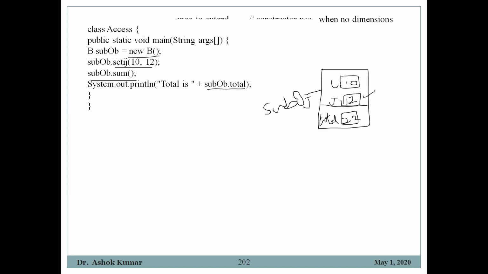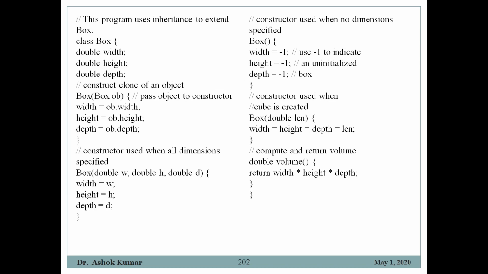Let me show you another example where we have added some more functionality to the superclass. So this time our superclass works, and we have used this class a lot in the previous video lectures. So in this class, everything is clear to you. Still, I'm going to repeat some important points.